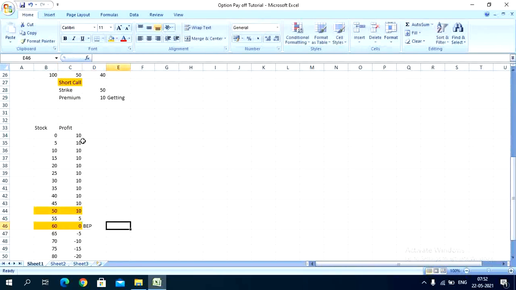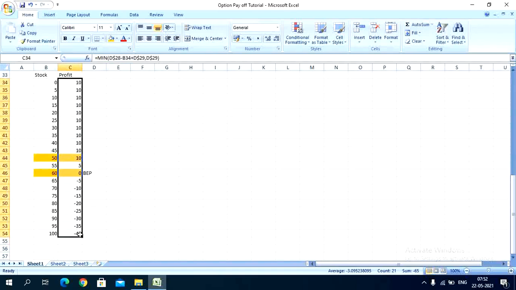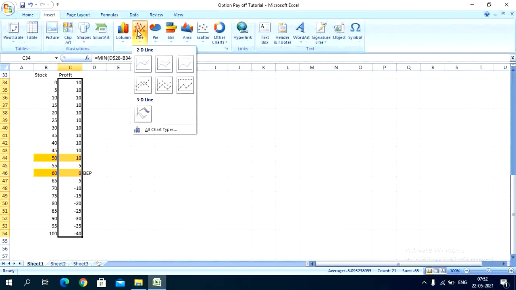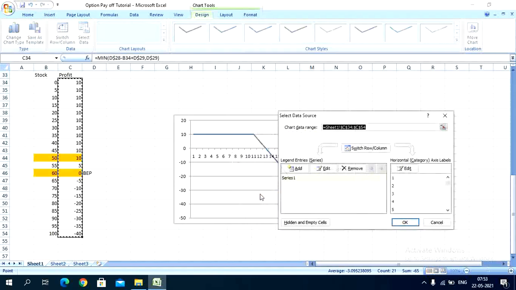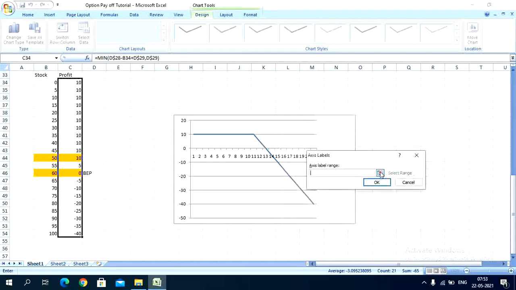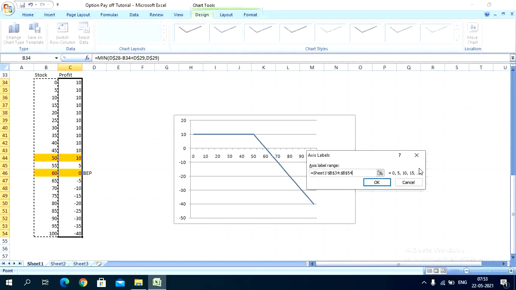Now it's very simple. Just go to the diagram, then you can get the payoff. I can go to Insert, then click on line chart, then I'll be getting this. Again it happens like the previous one: the data you have selected is not in the interval of 5, so I can select the data, edit the data, then click OK.